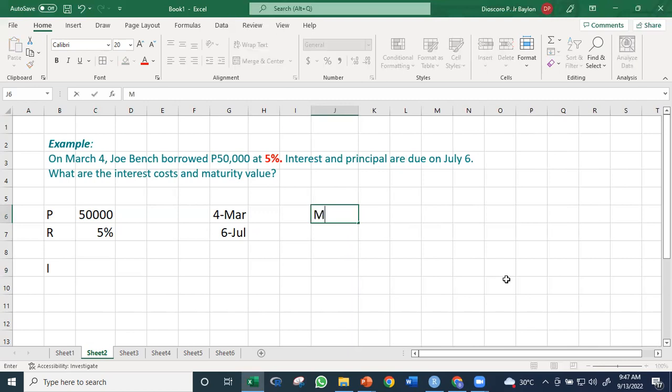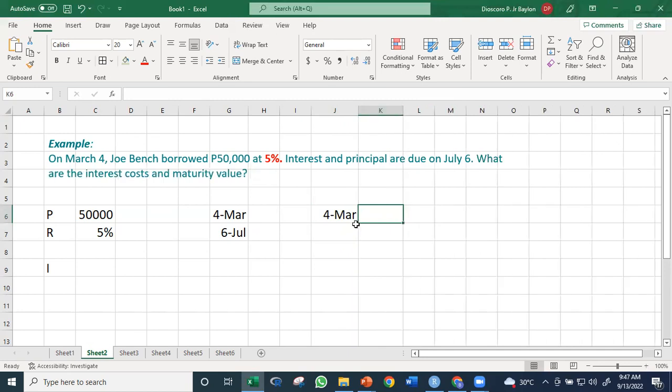Okay, so March, start with March 4. So from March 4, for the month of March, how many days, actually not days, but periods. How many periods are there? When you say periods, for example, from March 4 to 5, that's one period.